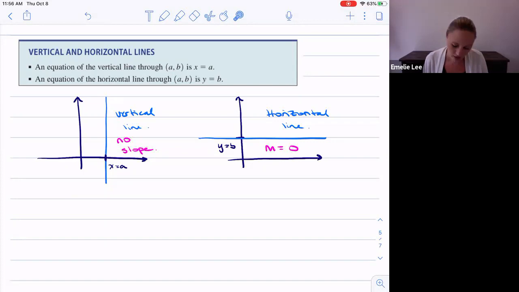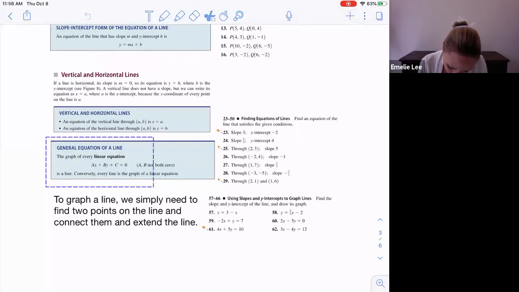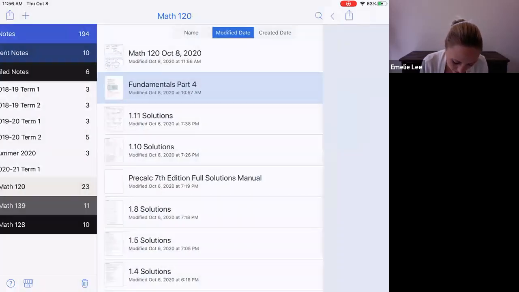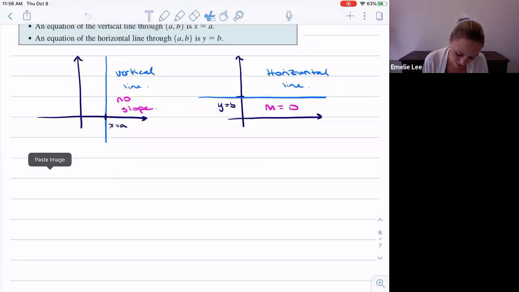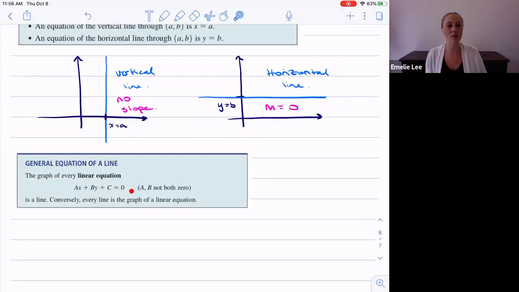So just kind of keep that in mind, as we get more familiar with lines and slopes and terminologies. Okay. So finally, I want to talk about the general equation of a line. This is the one to look out for because anything with these 3 components would make a straight line, right? So we said, okay, if you have an x and the highest power of x is 1, and then if you have a y in there, and you can have a coefficient on y, that's fine, and some sort of constant.